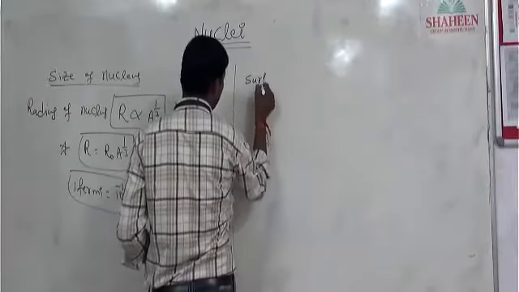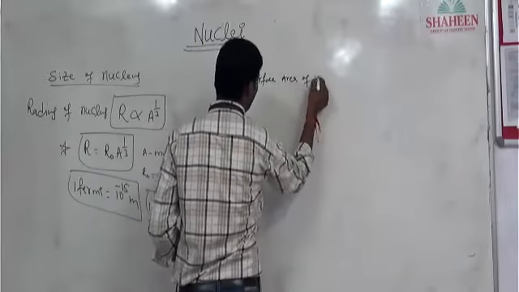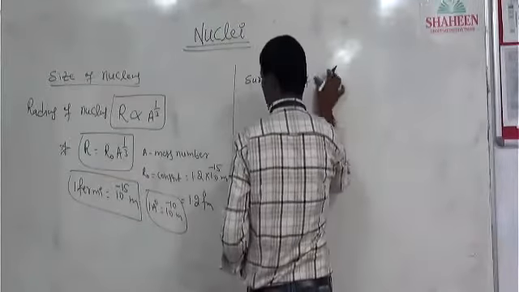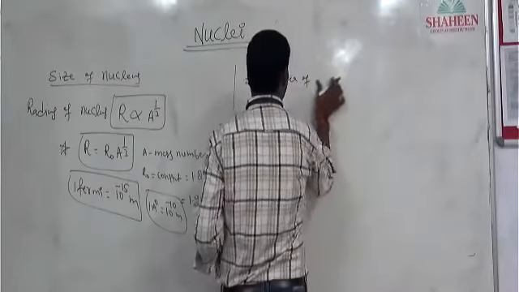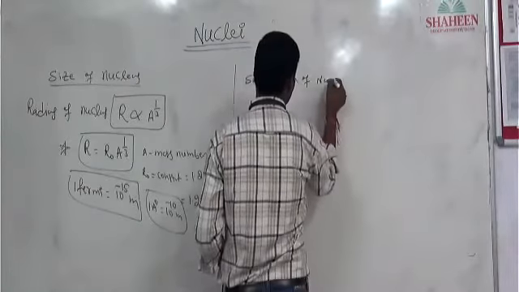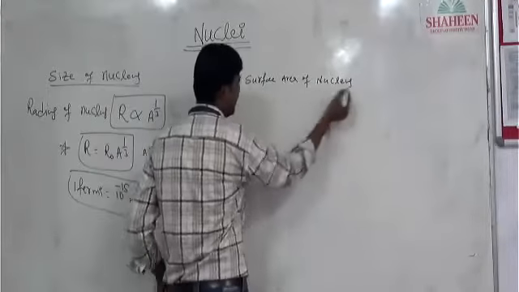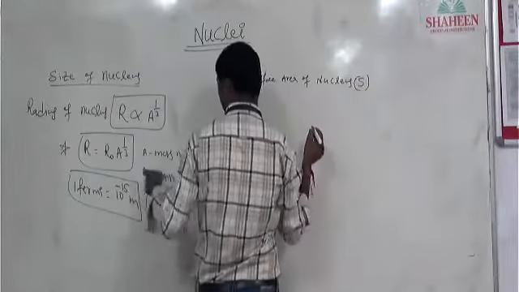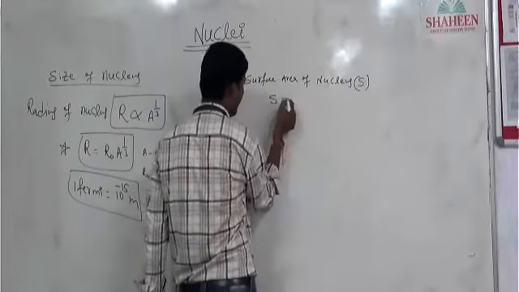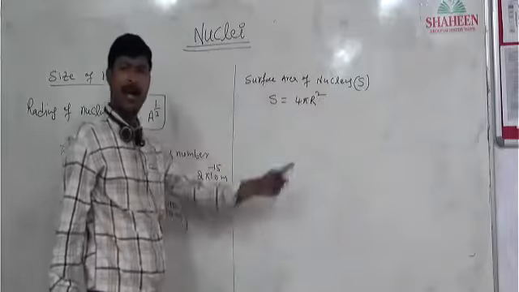Surface area of the nucleus: let us call it S, because A is already used for the mass number. The surface area of a sphere is 4 pi r square.